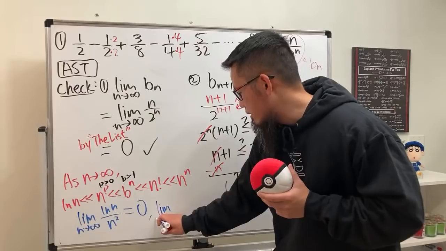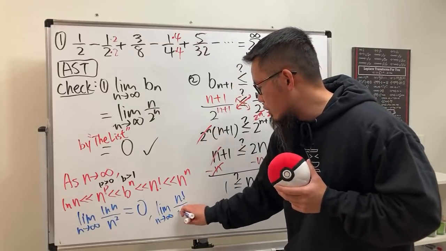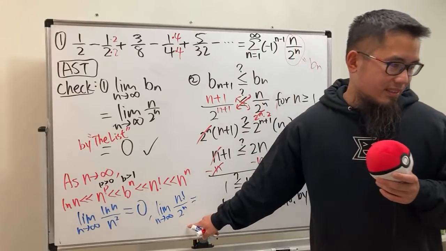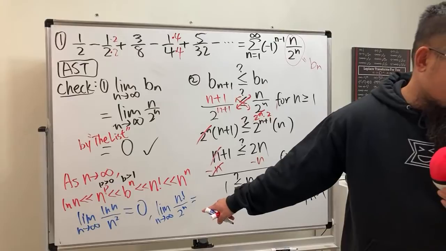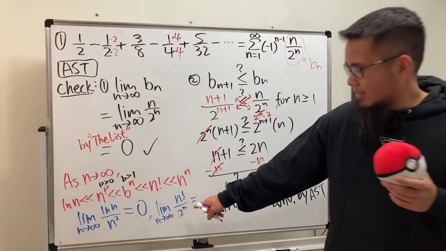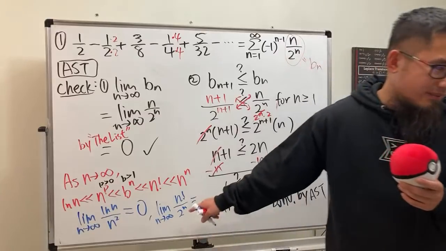And you can do another one. Let's say n goes to infinity, and you have n factorial over 2 to the n. Anybody want to tell me what's the answer for this one? What's the answer for the limit as n goes to infinity of n factorial over 2 to the n?